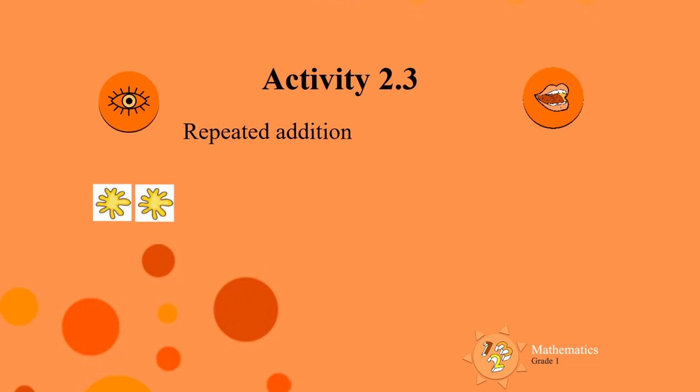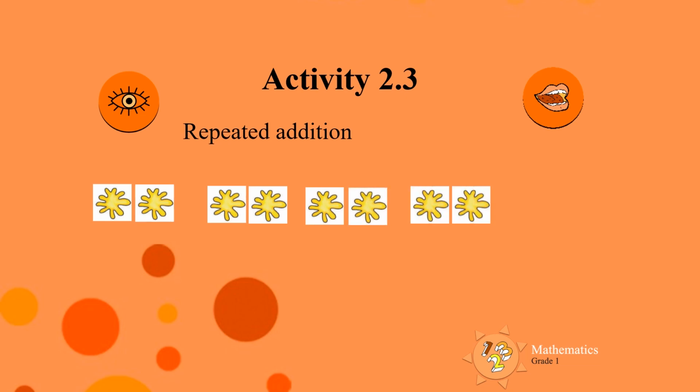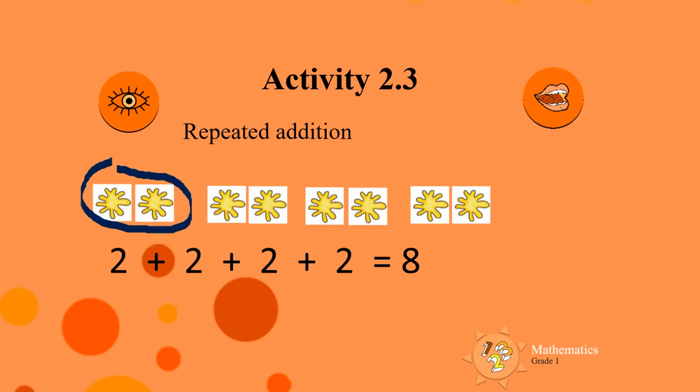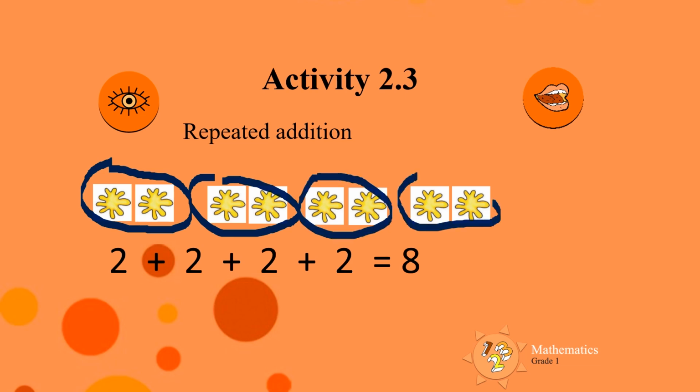Let's count. 1, 2, 3, 4, 5, 6, 7, 8. And the sum is 2 plus 2 plus 2 plus 2 is equal to 8. And we can see they've been put into little groups of 2's.